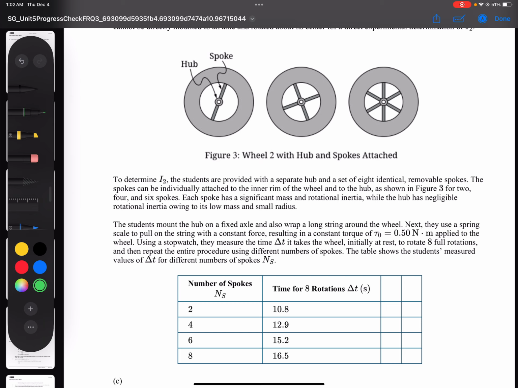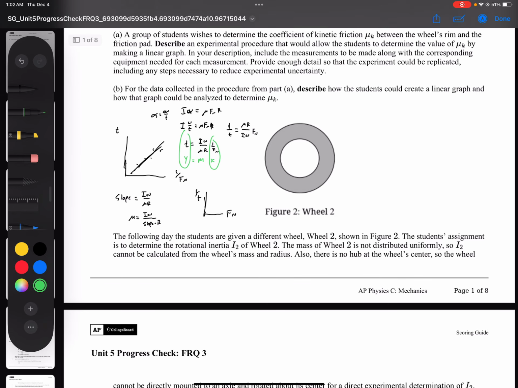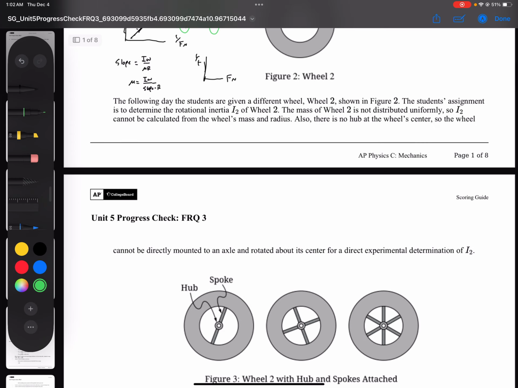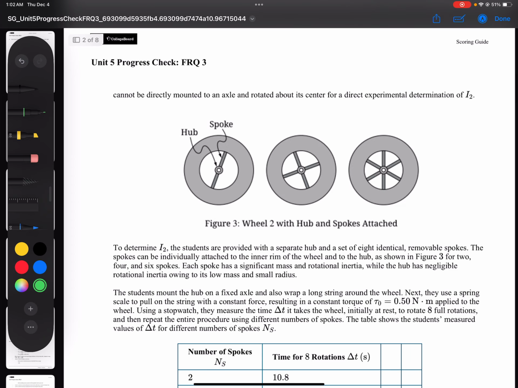So let me explain. We have this initial moment of inertia for wheel 2. So it's a new experiment, and it has some moment of inertia I2 that cannot be calculated from the wheel's mass and radius. There's no hub, so the wheel cannot be directly mounted, and then they have to experimentally determine I2.